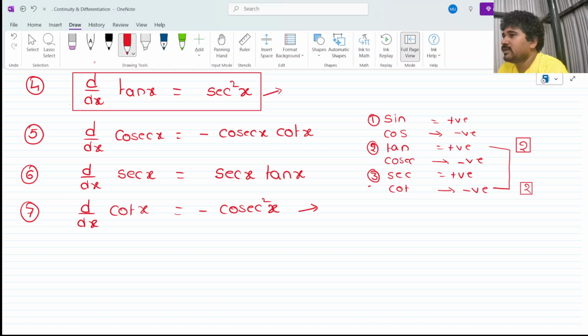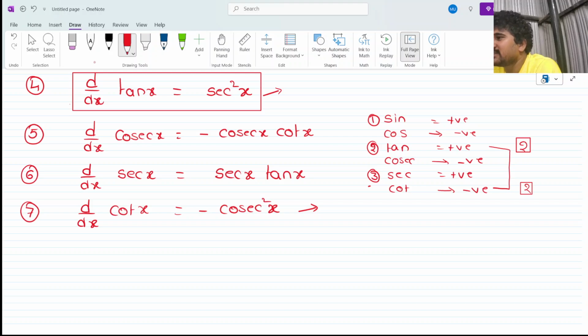Fine. So, can you repeat along with me differentiation of sine? Sine, cos. Tan, tan, tan.